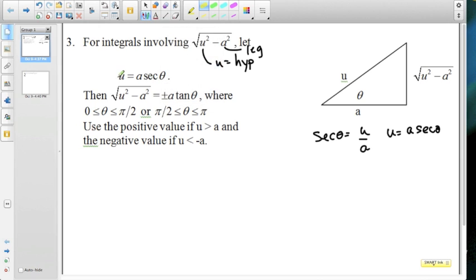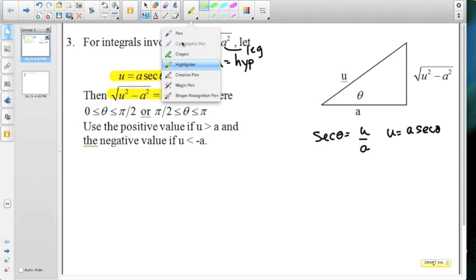So we end up having the expression for secant theta here, and since we have an expression that involves secant theta, we want to set up an expression that involves tangent theta as well, because those two trigonometric expressions are related through trig identities. The opposite leg ends up being the radical, so you can set up tangent as opposite over adjacent.